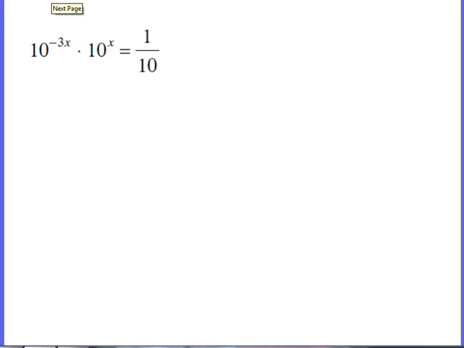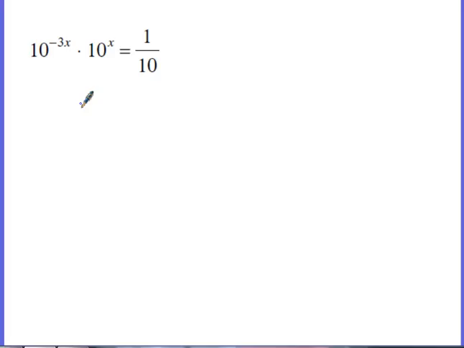This is basically the same thing, guys. It's just the combination of the rules that you should already know mixed with the solving, okay? So for instance, I have 10 to the negative 3x times 10 to the x equals 1 over 10. So on the left side, what are these two things doing?